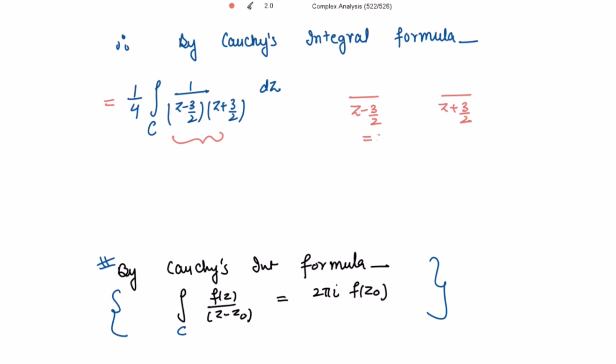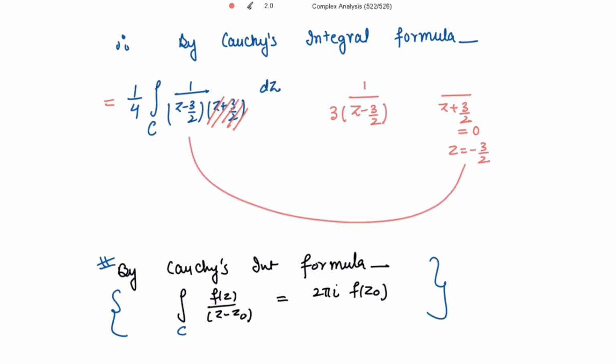When taking this denominator equal to 0, we hide z - 3/2 and we get the value z = 3/2. Put this value into this fraction, we get 1 divided by twice 3/2, so that is 1/3. And when putting this denominator equal to 0, just hide z + 3/2, and we are getting z = -3/2.